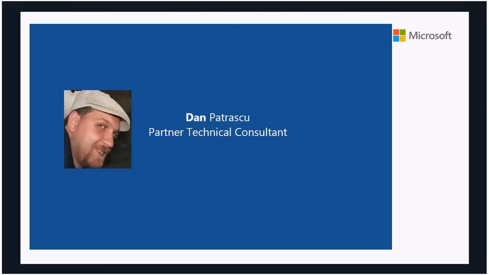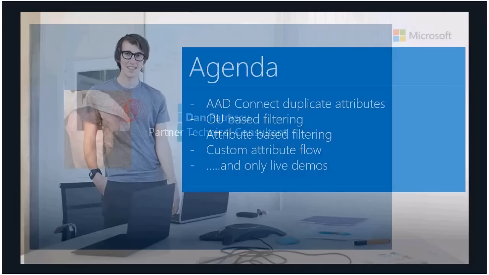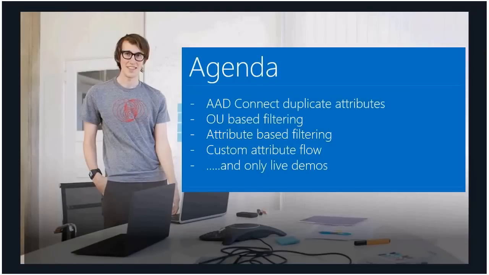A brief agenda for today. As I already told you, we'll concentrate on how Azure AD Connect is doing the work, how things are getting synchronized from your local Active Directory to Azure Active Directory. We will look into filtering options.